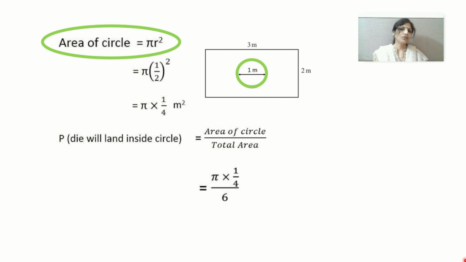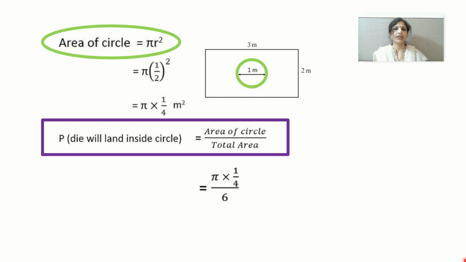So now let's use our formula. Probability that the die will fall inside the circle is equal to area of circle upon area of rectangle. Now area of circle is our favorable outcome and area of rectangle is our total number of outcomes.